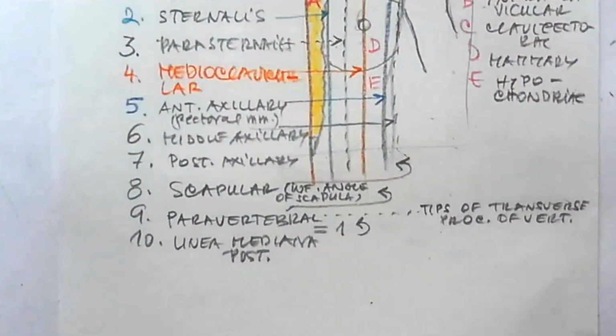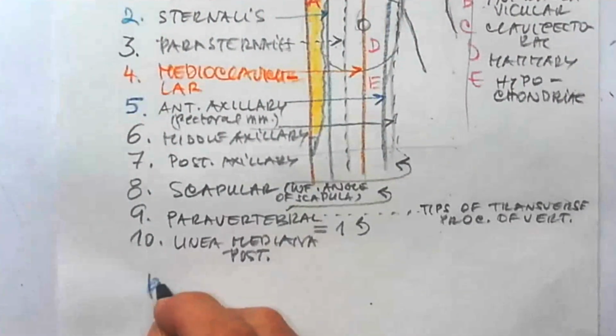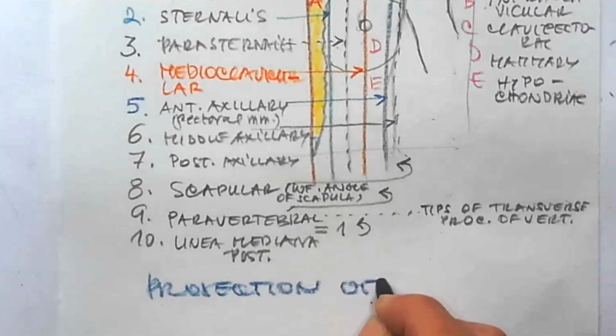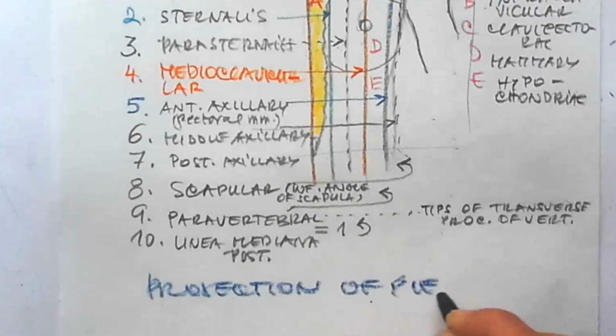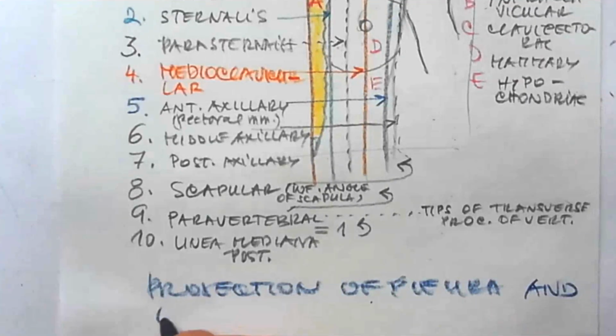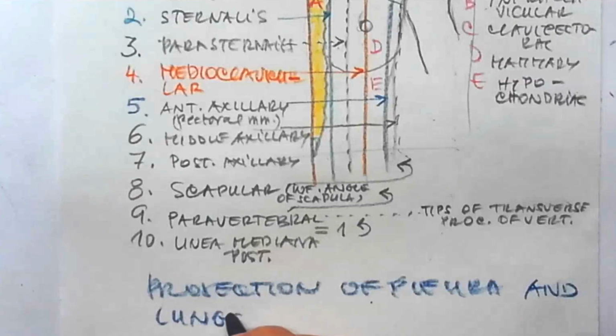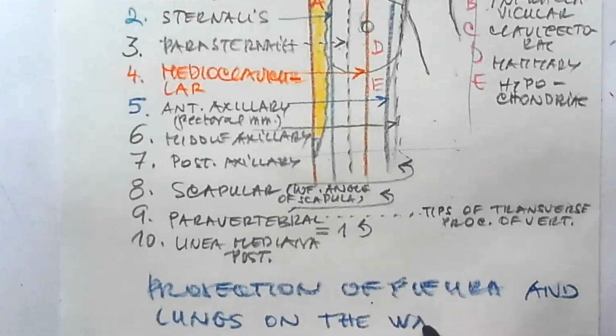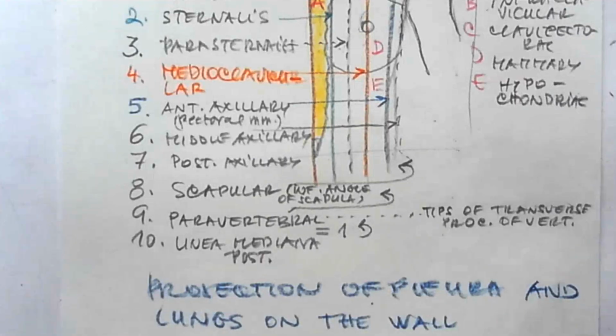So the title would be projection of pleura and lung or lungs on the wall, logically thoracic wall.